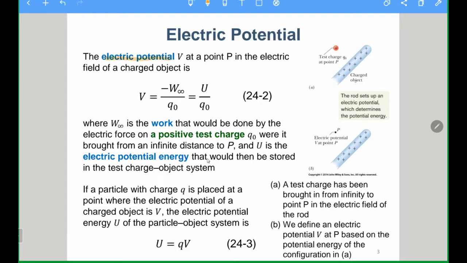So the electric potential is like the work done by the E field to put a charge from infinitely far away to the point P we are concerned with. Usually we will define the electric potential at infinitely far away to be zero.